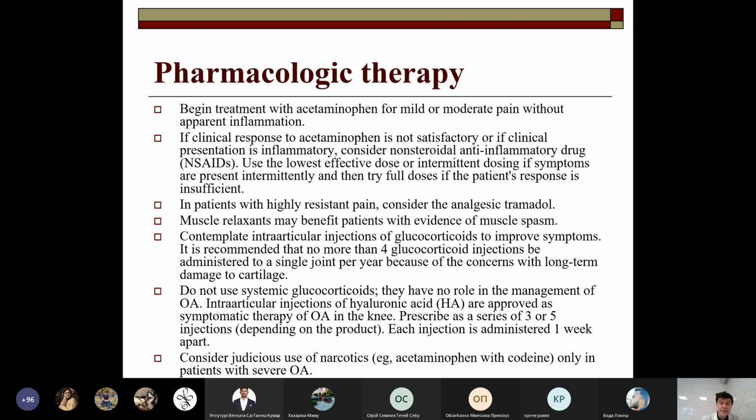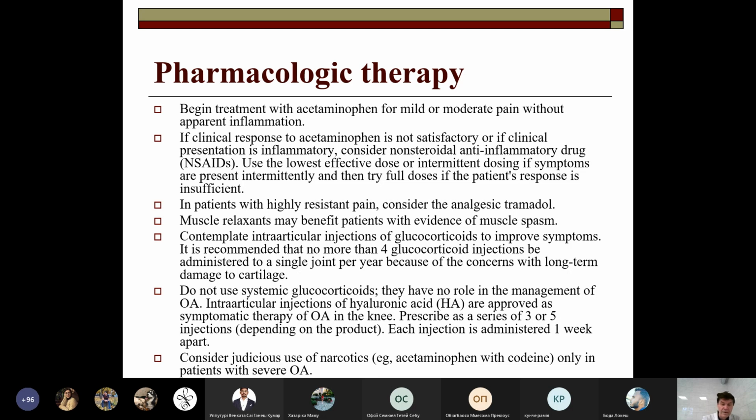It is important to know that acetaminophen, paracetamol, is recommended generally if we only have to improve the pain without reducing inflammation. If not, non-steroidal anti-inflammatory drugs are recommended generally.